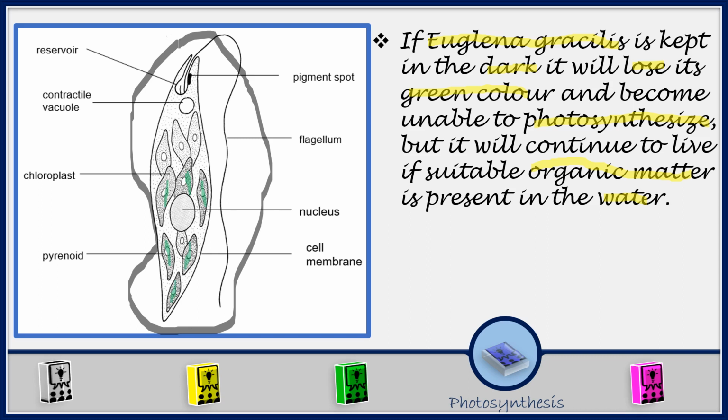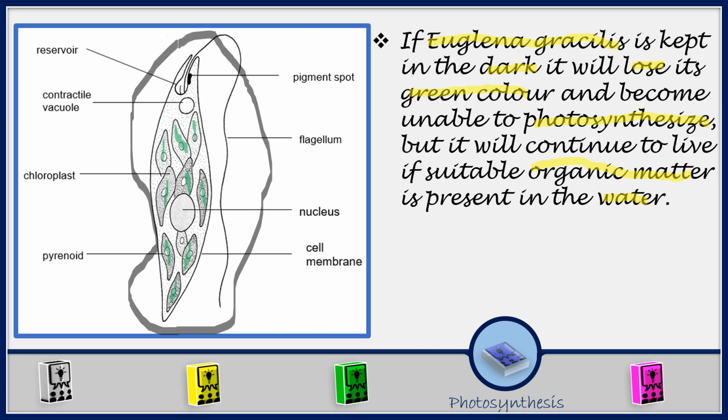And when it loses this green color, that means it cannot photosynthesize, meaning it cannot make food. Therefore, if the environment it is living in has enough organic matter, it will survive, because it will depend on that organic matter which is in water.